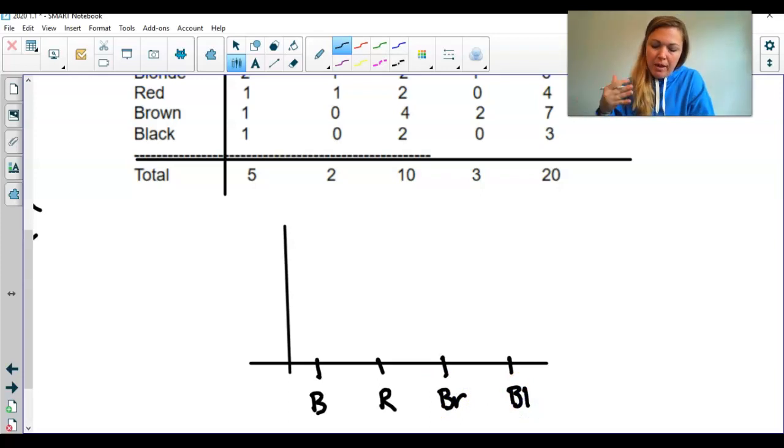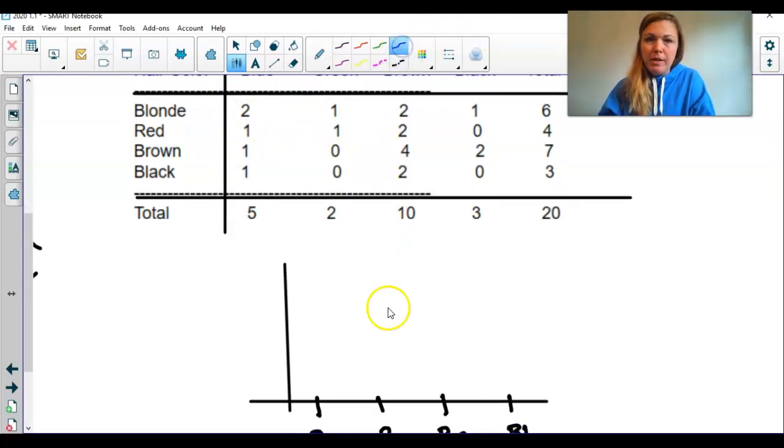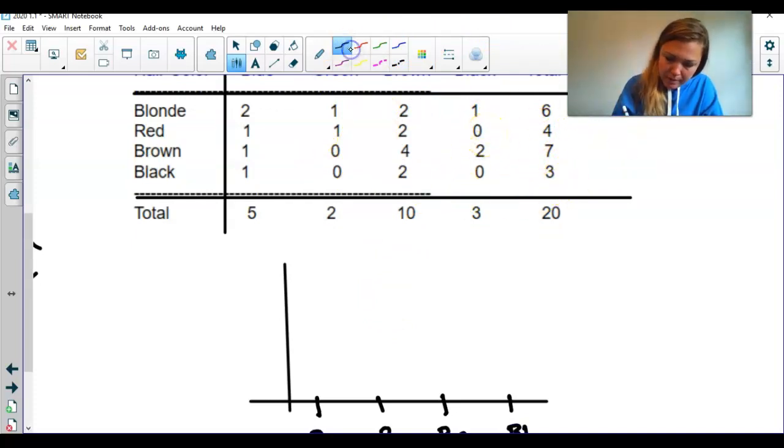Within those categories, I also looked at what type of eye color they had. With the blonde people, 2 of them had blue eye color. So it looks like the highest number went up to 7, okay? So I'm going to go back to my black: 1, 2, 3, 4, 5, 6, 7.